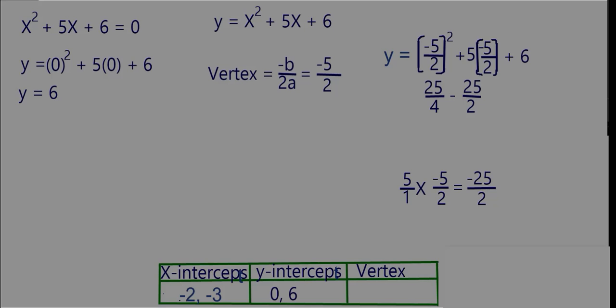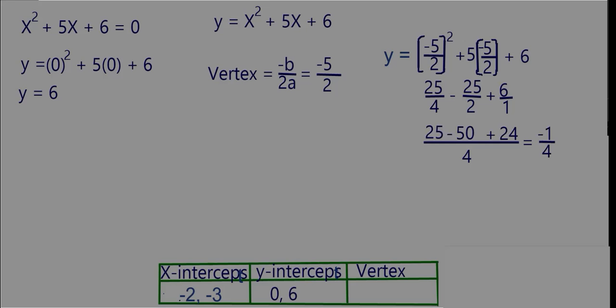And we add back 6. We now have fractions. The LCM is 4. We end up with a fraction of minus 1 over 4 for the y value of the vertex. We can write the x value of the vertex along with the y value in the table.